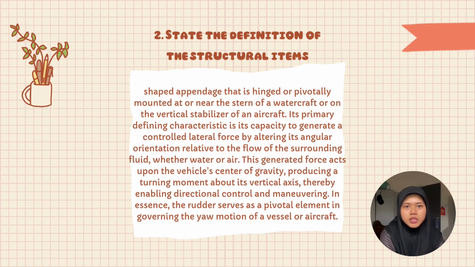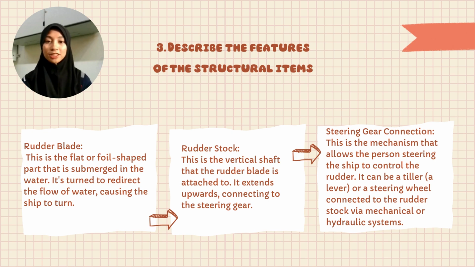This generates force acting upon the vertical center of gravity, producing a turning moment about its vertical axis, thereby enabling directional control and maneuvering. In essence, the rudder serves as a pivotal element in governing the yaw motion of a vessel or aircraft.